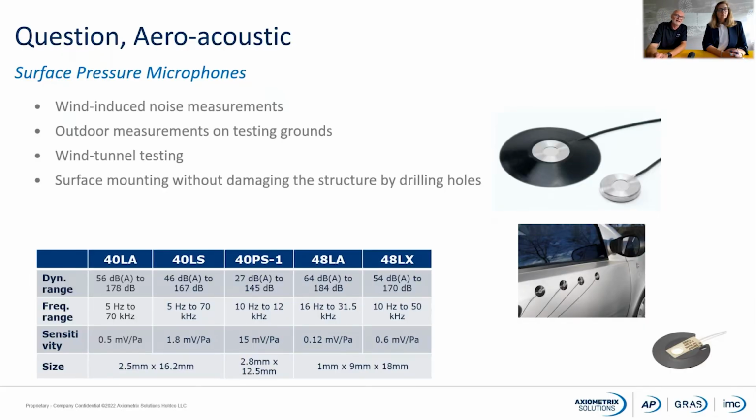They only have a height of 2.5 millimeters. We do also have the new surface microphones, what we call UTP microphones, the 40LA and 40LX. These microphones have only a height of 1 millimeter.